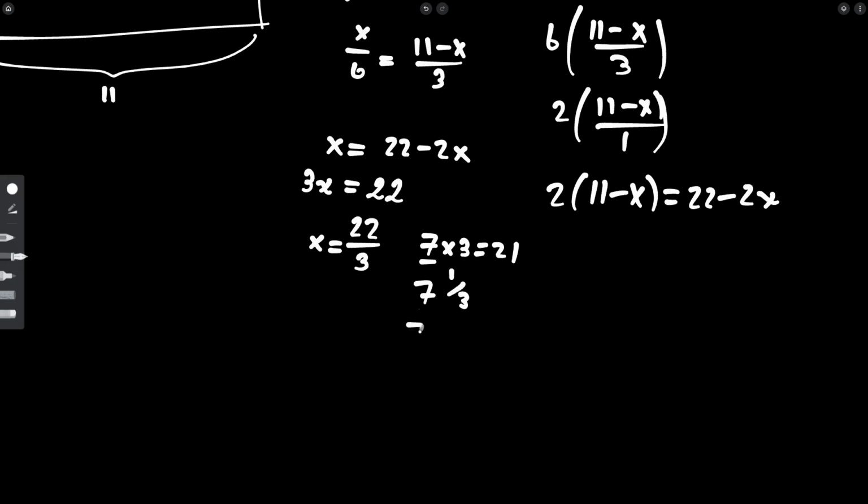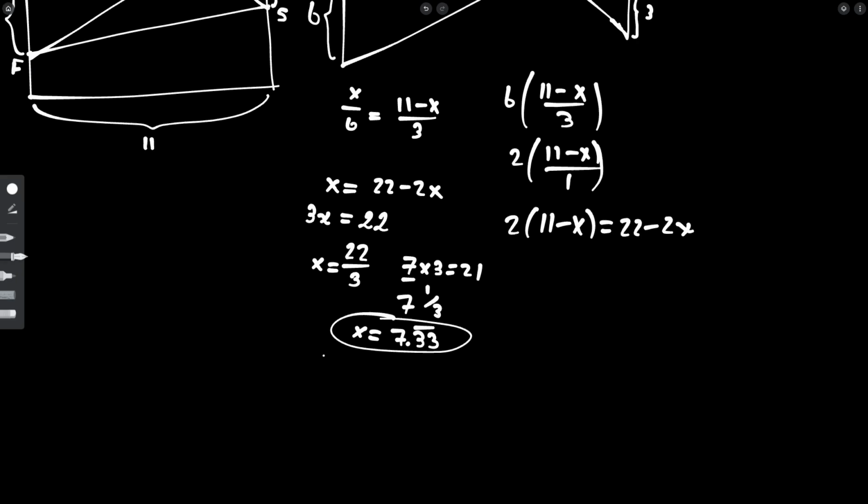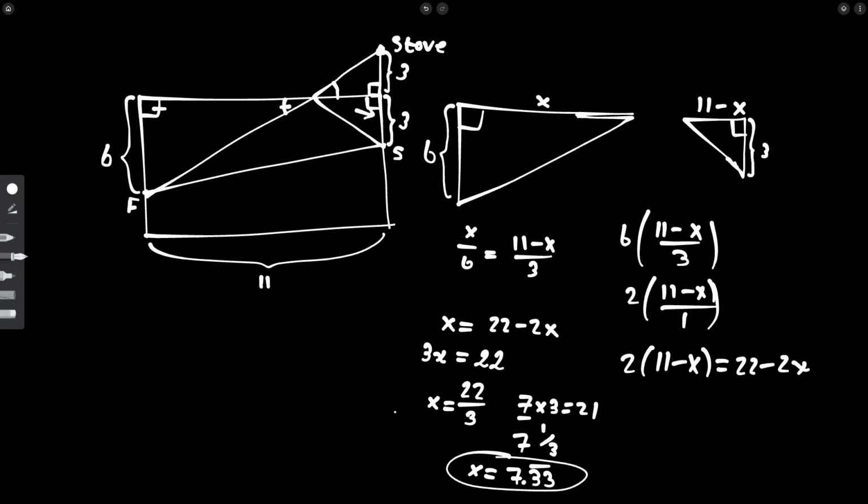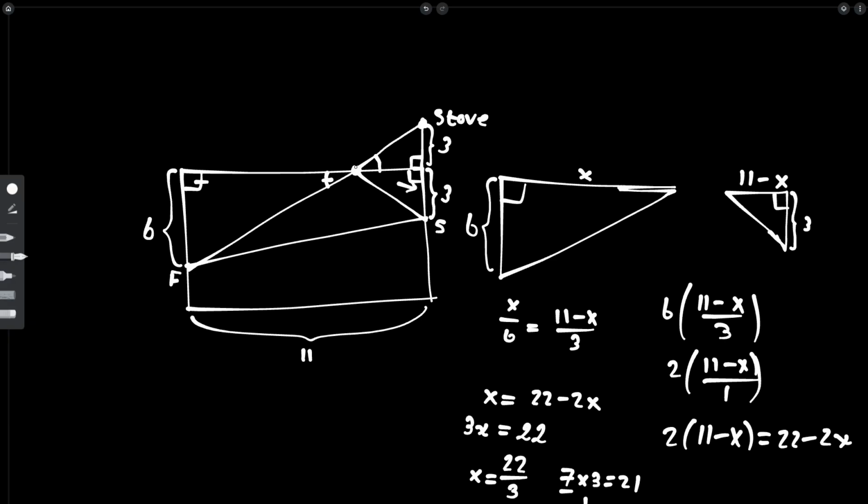That gives us 7.33 repeating for x. And there we are. So if this whole line is 11, then this x value right here is 7.33 repeating, or 7 and 1/3.